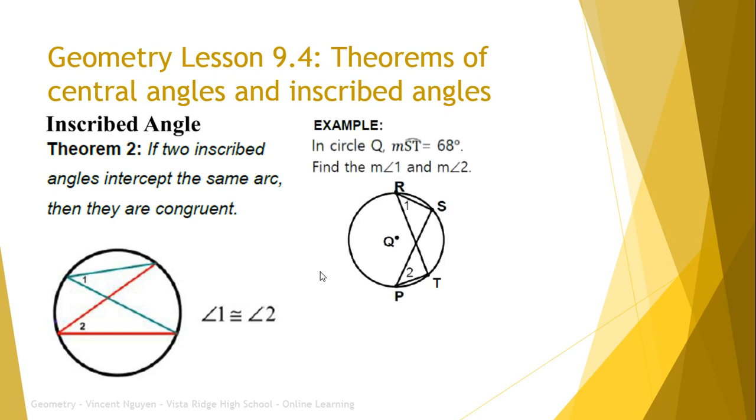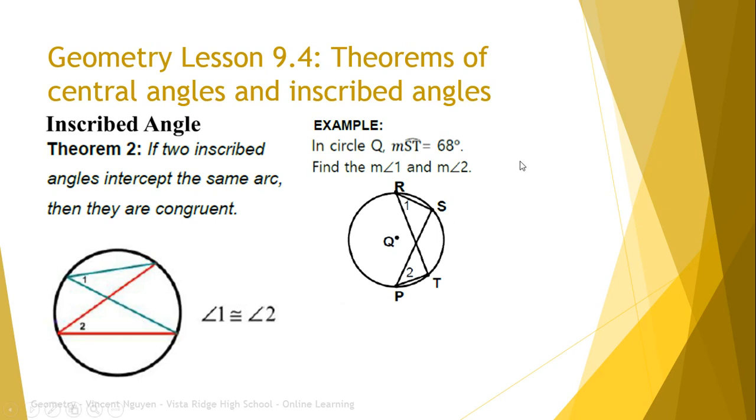Let's look at this example and see if you can see the intercepted arc. Here's angle 1. Angle 1 is R. If you look directly opposite of angle 1, this is the arc that it intercepts, ST. And if you look at angle 2 right here, and look directly opposite of that, it is also intercepting ST. So ST is the common intercepted arc for angle 1 and angle 2.